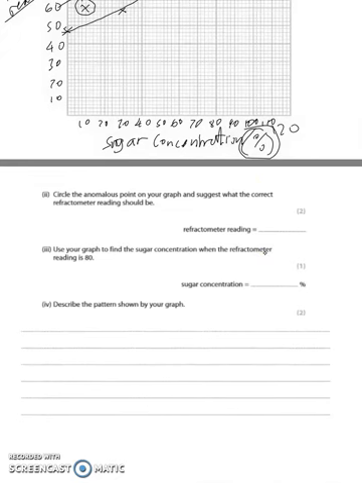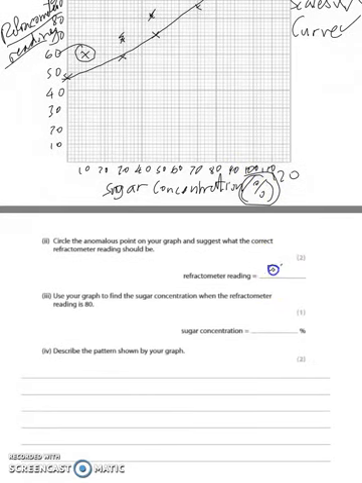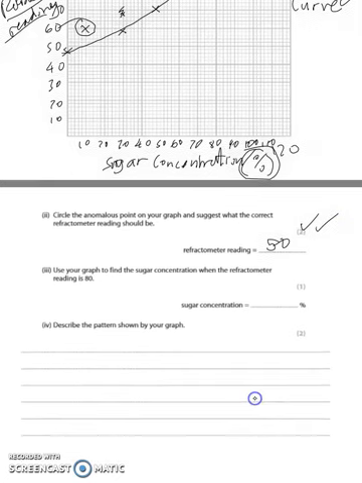So we've got to circle that point and say it should be around 50 for that one. Use your graph to find the sugar concentration when the first refractometer reading is 80. So you should read it from your graph, but it should be around 63. We will accept a range between 62 and 66.